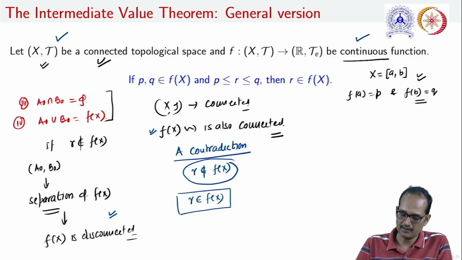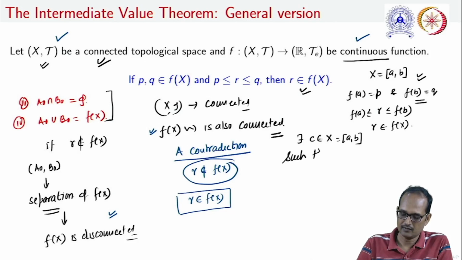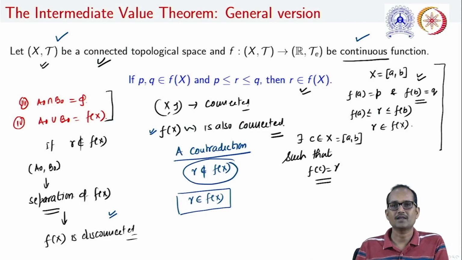If we take these two, then r will lie between f(a) and f(b), and by using this theorem r is also a member of f(X), that is, there exists c in X, which is nothing but this closed interval [a, b], such that f(c) is equal to r, and this was the statement of the intermediate value theorem in calculus.